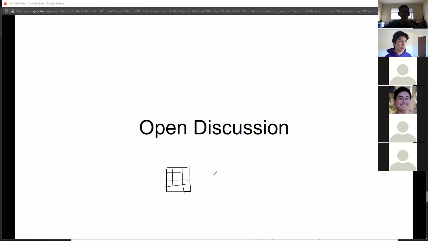Basically you do something called deconvolution. In PyTorch, I think the layer is called conv2d transposed, something like that.